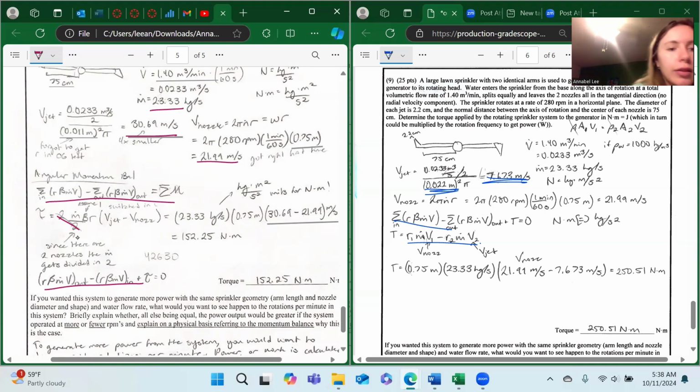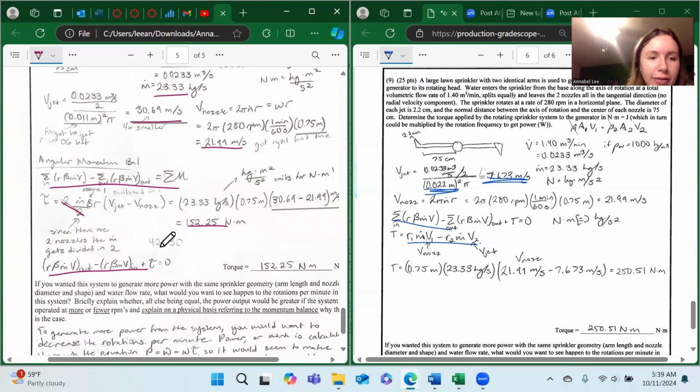And then V jet minus V nozzle, which is the velocity of the water spraying out the jet minus the tangential velocity of the nozzle spinning around. And that will get you your torque. Multiply that out, you get 152.25 Newton meters, and for Newton meter units, I also follow this, it's kilograms times meters squared over seconds squared. And we get that.